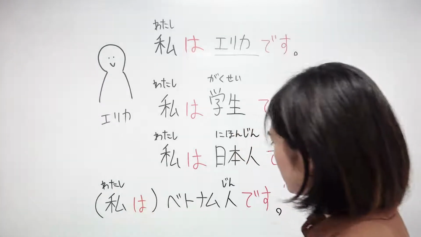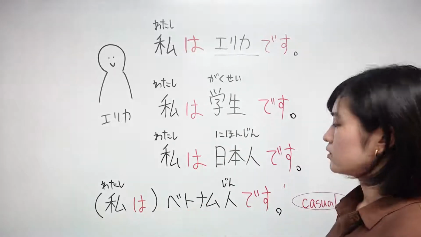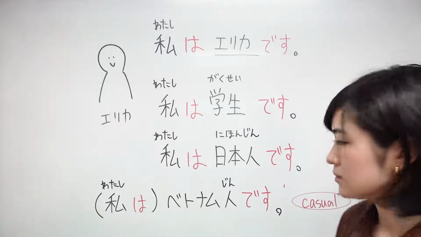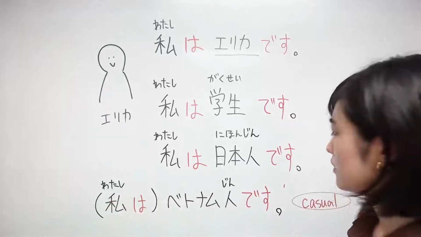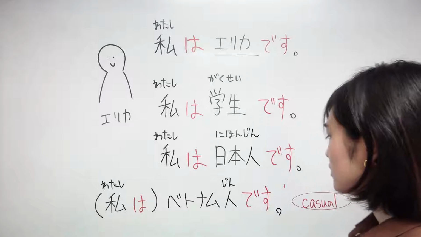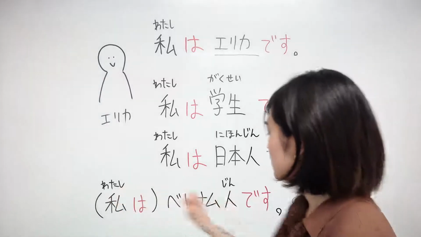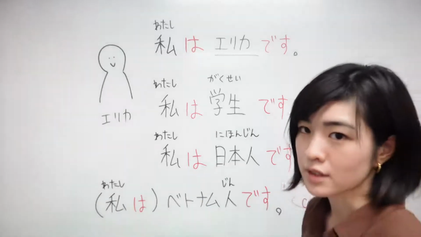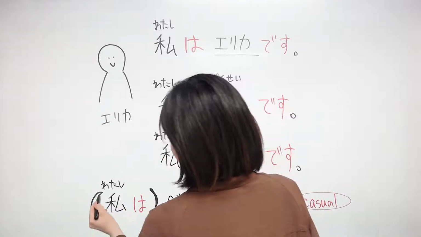However, you can also say ベトナム人です。You don't have to say 私は. This can be a very casual way to introduce yourself. Sometimes in Japanese we don't say these subjects.